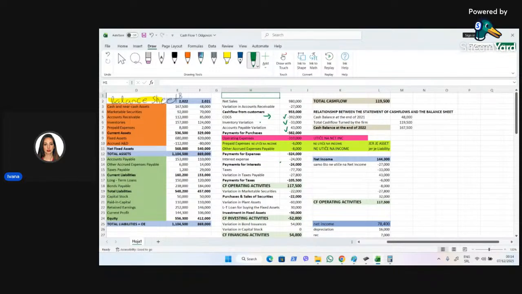Inventory variation, we had to buy more inventory, so it was expensive. We were spending money. Accounts payable variation, of course, it's payable because we ordered something and didn't pay for that yet. So these are all purchases.